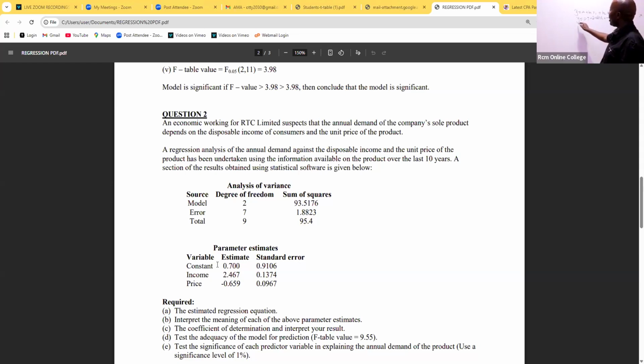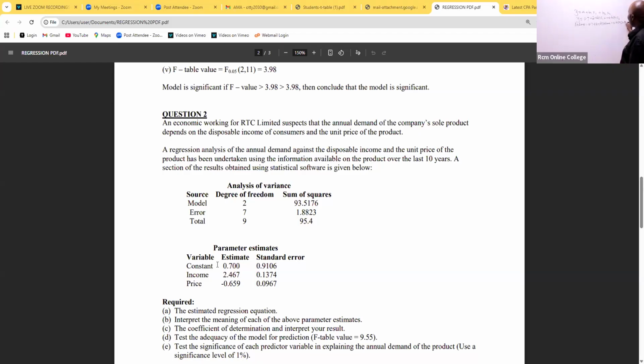If you wish, you can write the variables in: income equals 0.7 plus 2.467 x1, where x1 variable itself is income, minus 0.659 x2, where x2 is price.